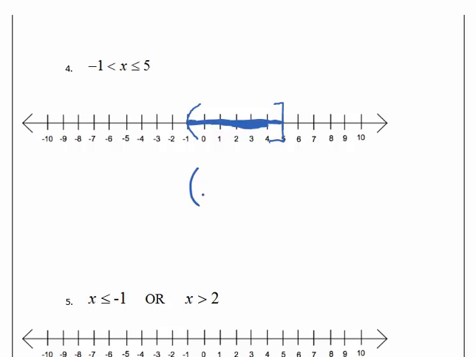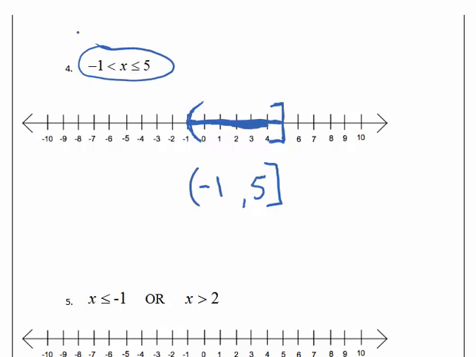Remember, interval notation, start with the smallest number on the left and go to the largest number in the set. And I'm using the bracket for the 5 because it's included in the set. The -1 is not. Okay, so that's a lot different than our previous 3 examples because nothing's going to infinity. X is bound between 2 values.